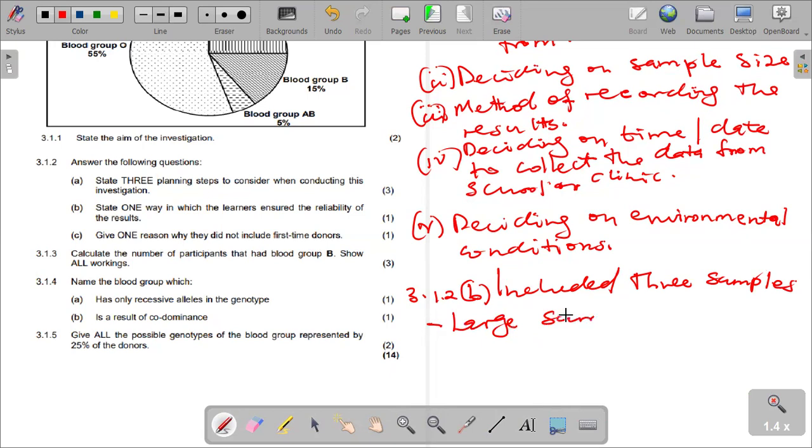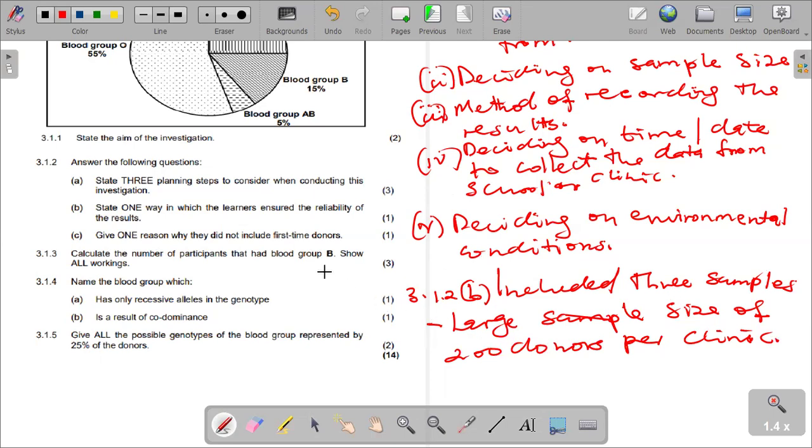Large sample size of 200 donors per clinic is also a good measure that was taken to improve the reliability of results.